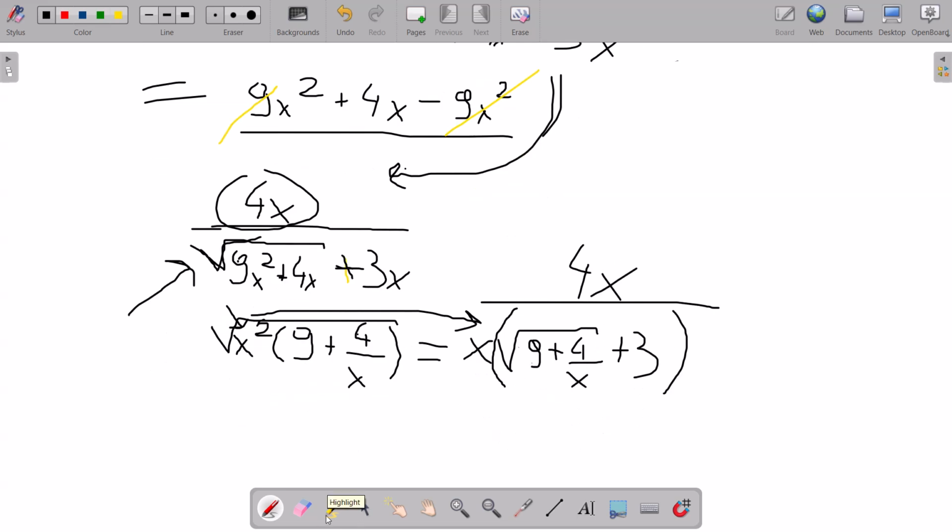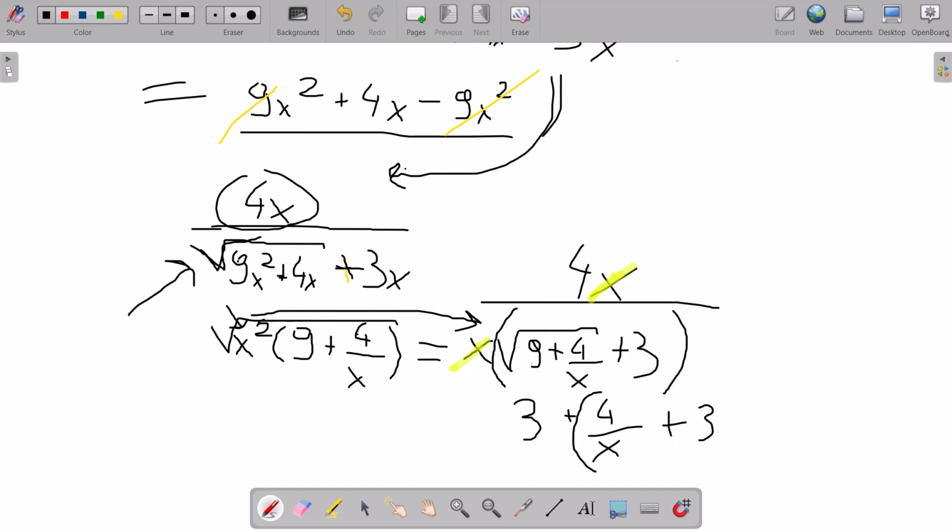So what is happening here? You can cancel out the x's, right? This x here and that x, they can be eliminated. So you have 4 over the square root of 9 plus 4 over x, plus 3 in the denominator.